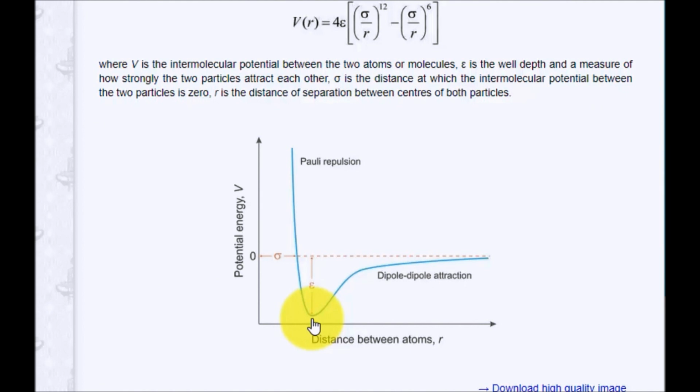But the electronic attraction is still winning over, up to a point where you reach here, and then you'll see that the repulsion increases. Why? Because before, the attractive forces were winning over.